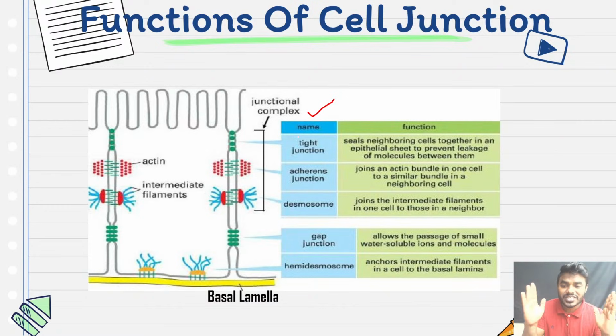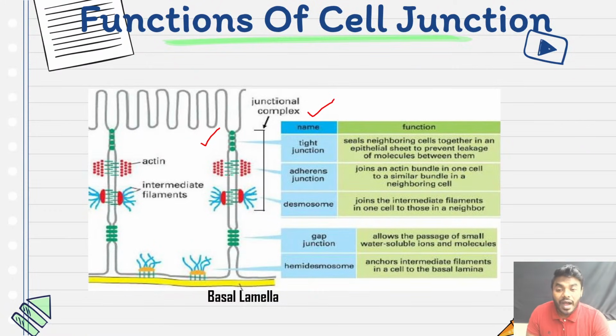The tight junction seals the two cells in such a way that it never ever allows even the movement of liquid molecules. That much tightly it will seal the two cells. Kindly do not get confused with that point.